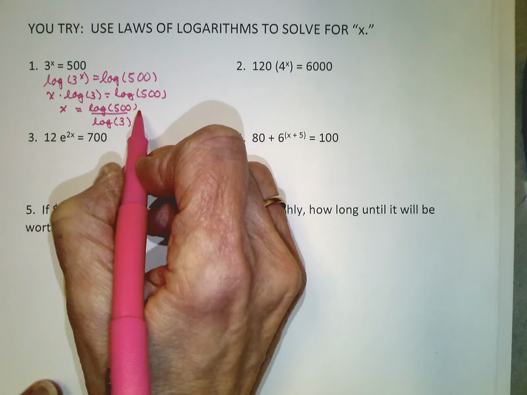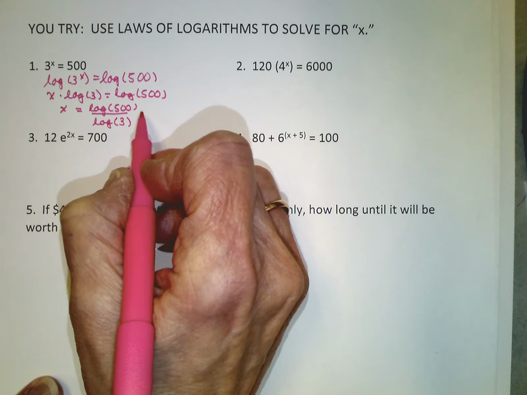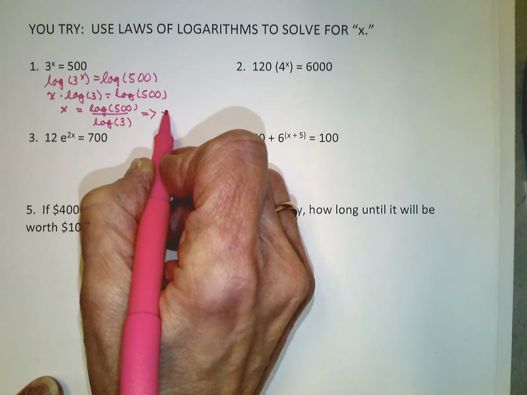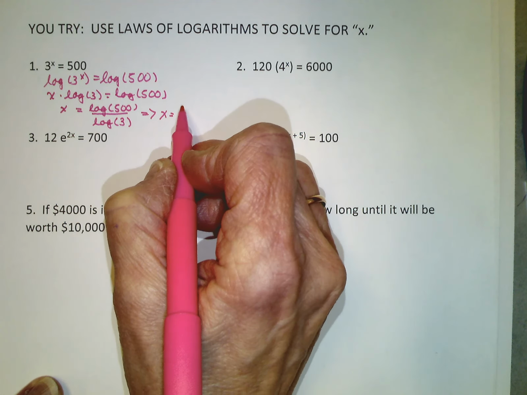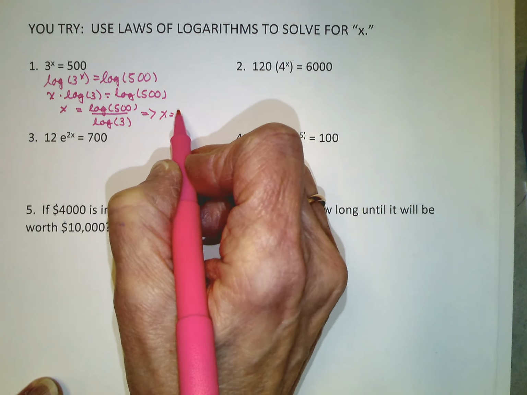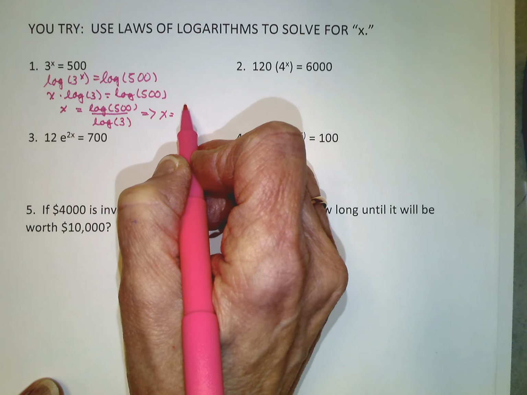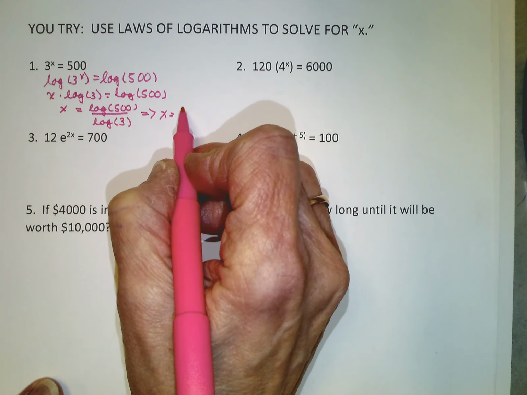And to the nearest thousandth, the calculator told me that it was x equals 5.657.